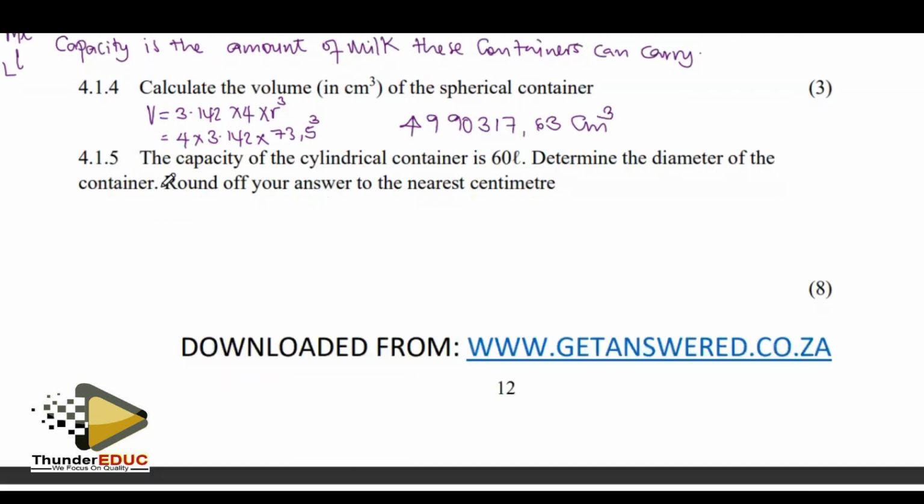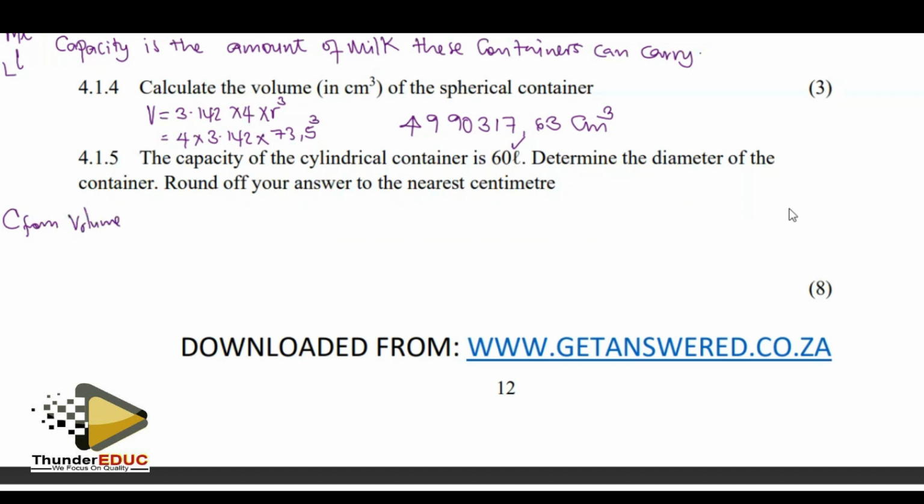Then we come to this. They say the capacity of the cylindrical container is 60 liters. Determine the diameter of the container. Round off your answer to the nearest centimeter. Now, we need to ask ourselves, well and good, they have capacity. And I told you capacity comes from volume.